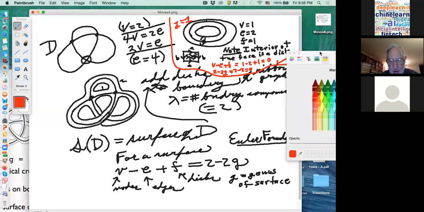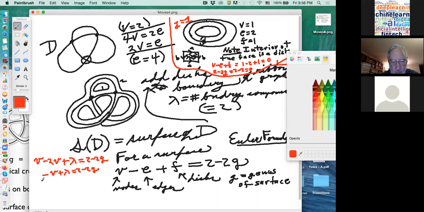Let's see now, we can derive a general formula because V is the number of crossings in the knot. E, we just figured out, is 2V. And F, the number of disks, is the number of boundary components, lambda. And that's equal to 2 minus 2G. So I have that minus V plus lambda equals 2 minus 2G.